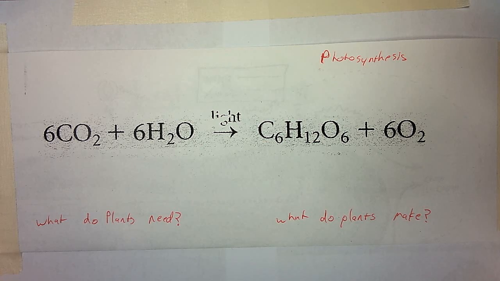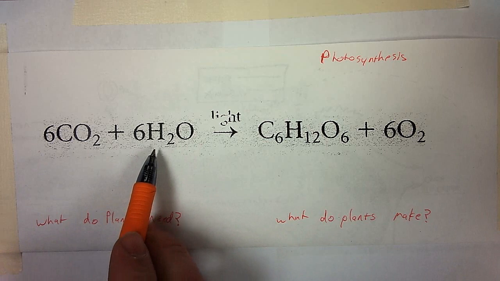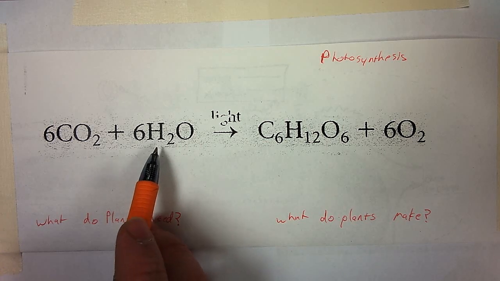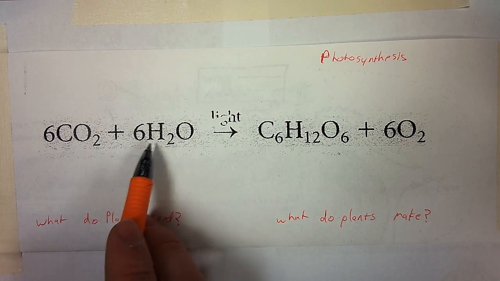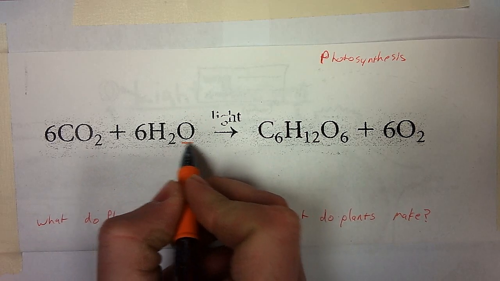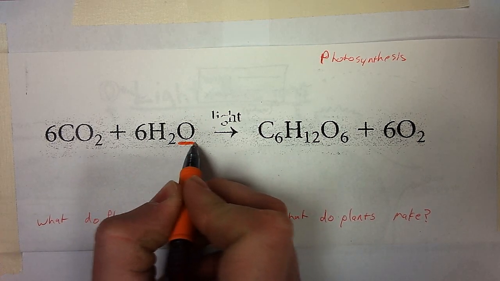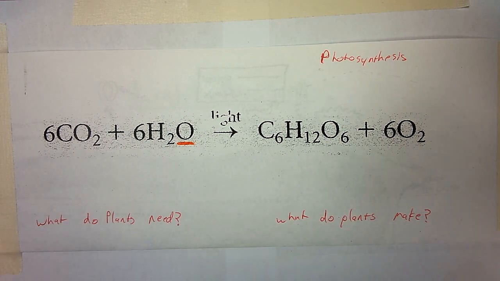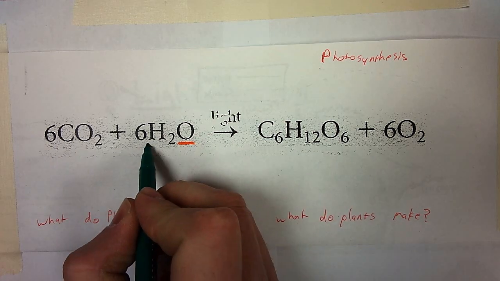Some of that light energy was used to split a water molecule. The name for that process was called photolysis. So here's our water molecule, and we have oxygen and hydrogen. Let's think about, step by step, where exactly each of these elements end up.